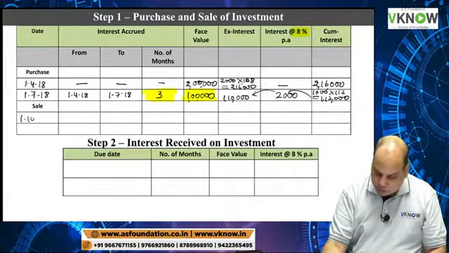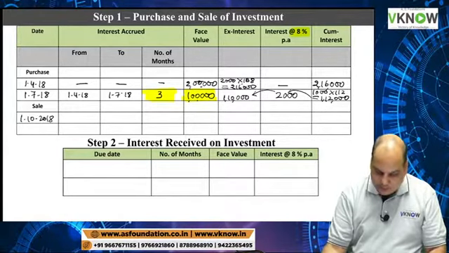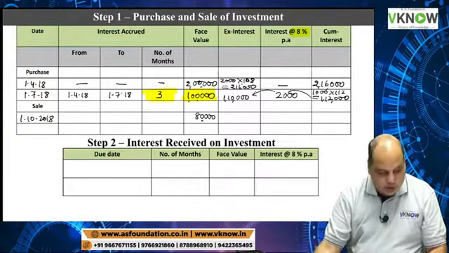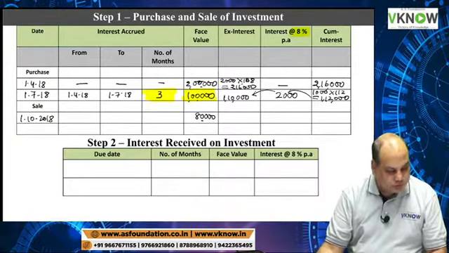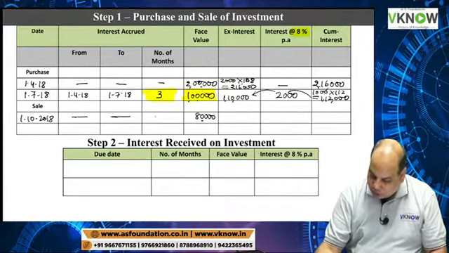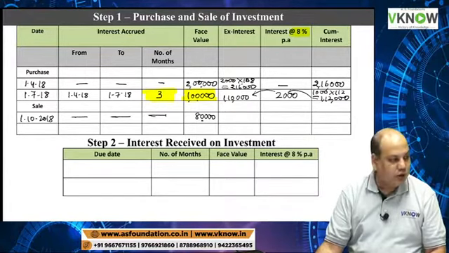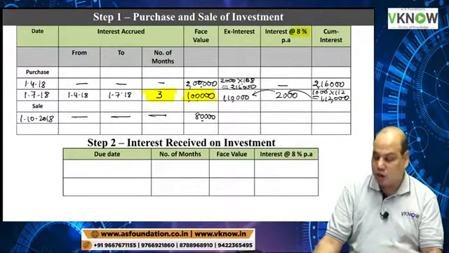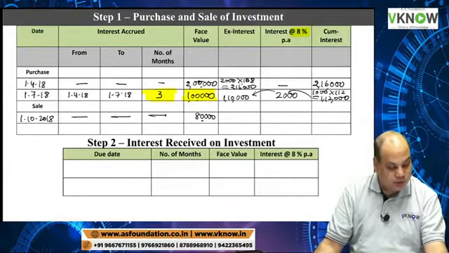Okay, there is one sale transaction also. On 1st October 2018, face value 80,000 was sold. Here interest accrued will be nil because last interest payment date is 30th September. So no interest accrued. But look at the price.